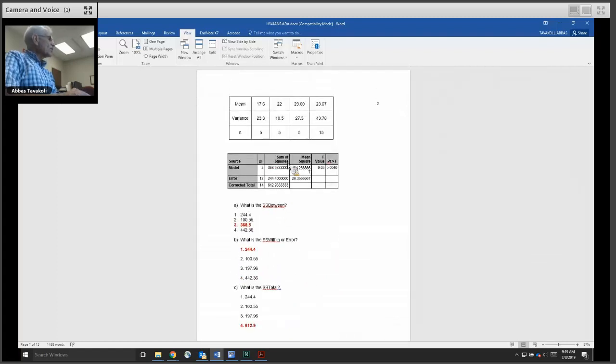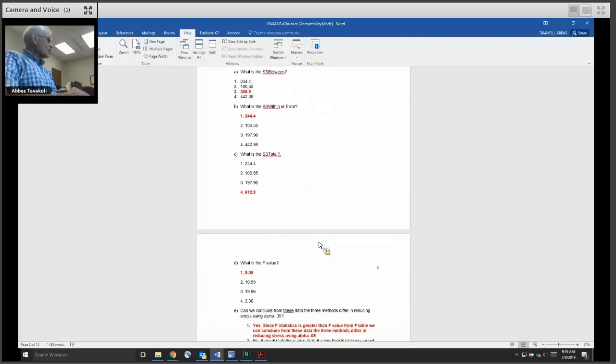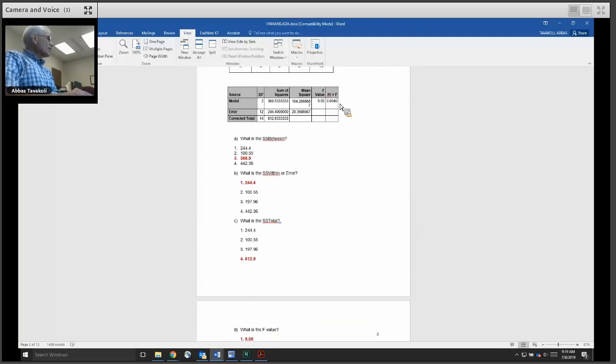Looking at the output, you can easily find those from the table. This is your ANOVA table. The sum of squares of the model, or between, for part A is 368.5, within is 244.40 for part B, and the total is 612.9. Your F value is 9.05, and this is your p-value, 0.004.